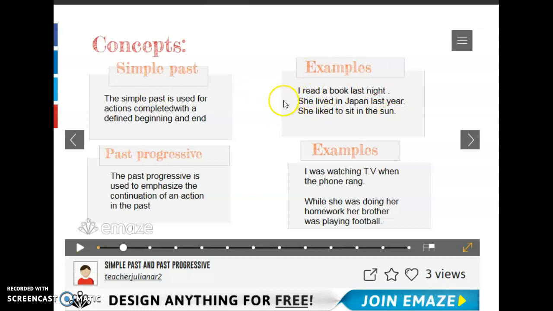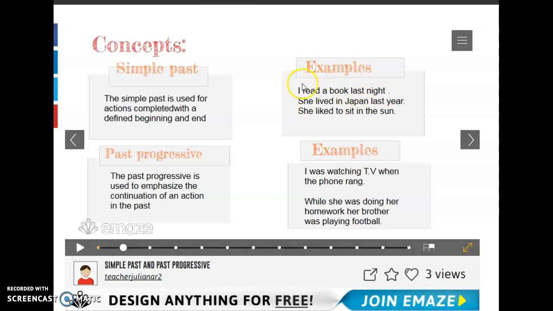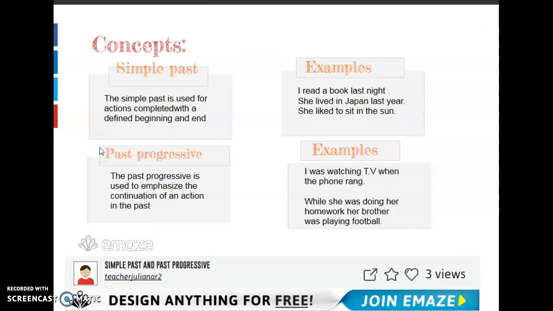The simple past is the subject, the verb in past, and the complement or time phrase. The examples are: I read a book last night, and she lived in Japan last year.